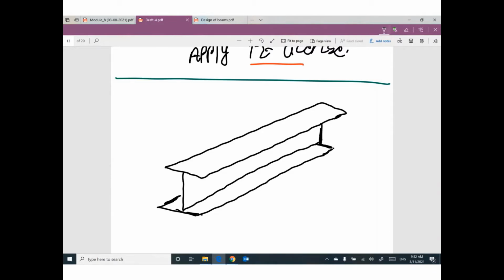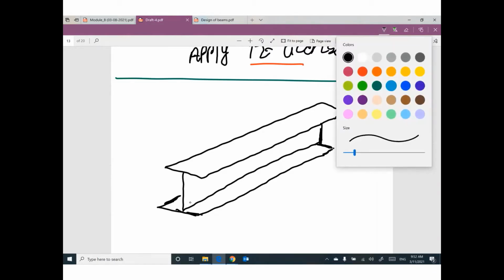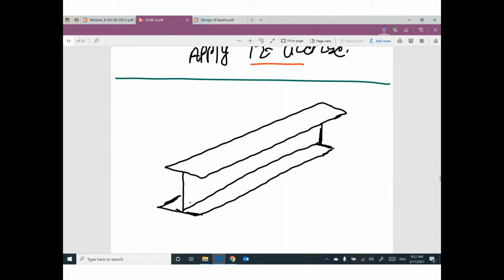And I told you last meeting, to prevent the lateral torsion buckling, I will connect this flange under compression by bracing. So I will not put bracing every 1 millimeter or every feet. I will put the bracing every spacing.